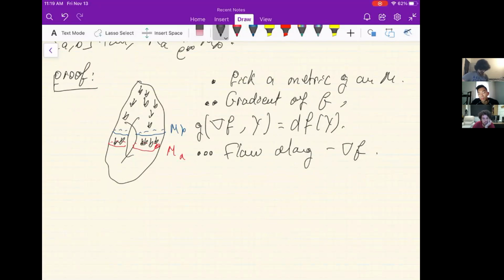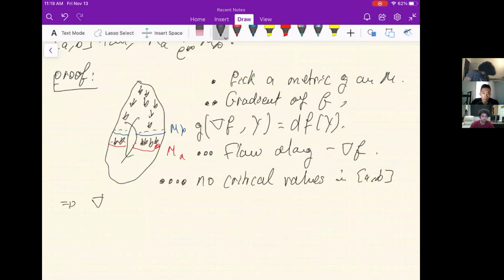Here there is an important point: you don't have critical values in [a, b]. Then this vector field is non-zero, so one can show that the norm is non-zero.